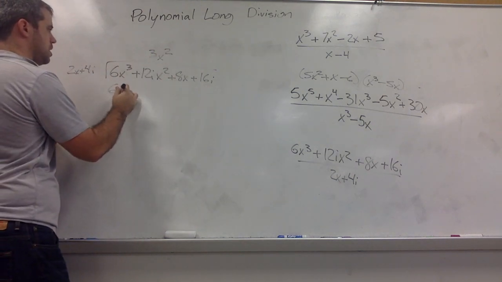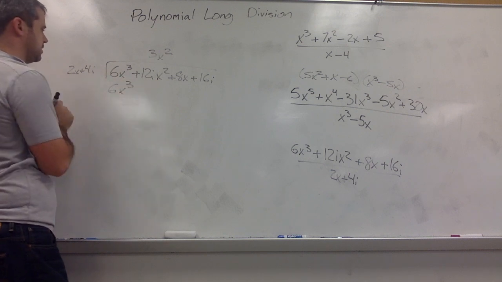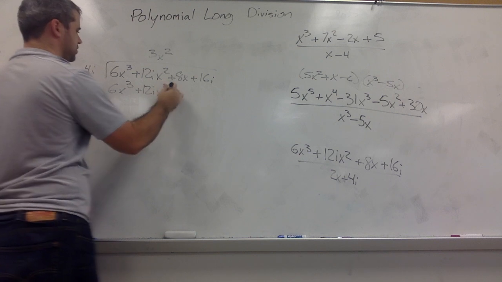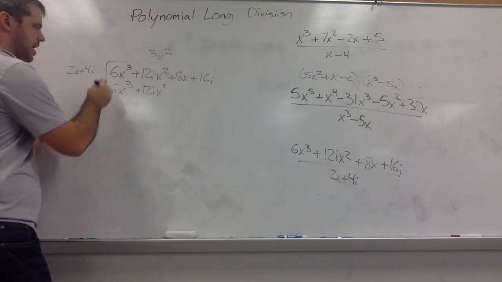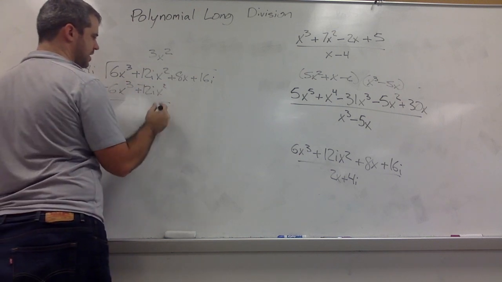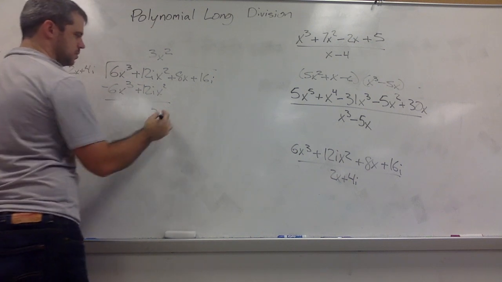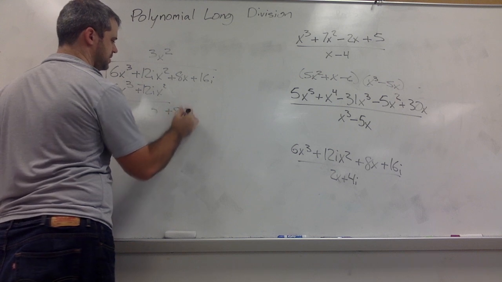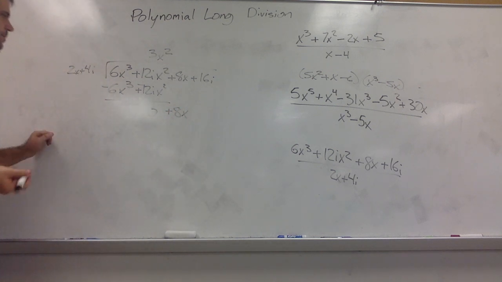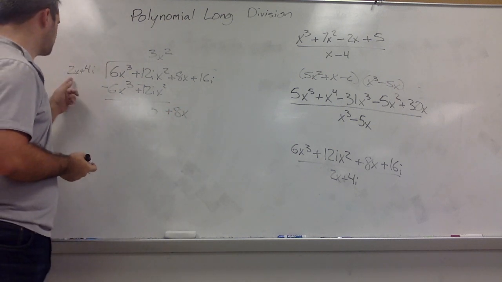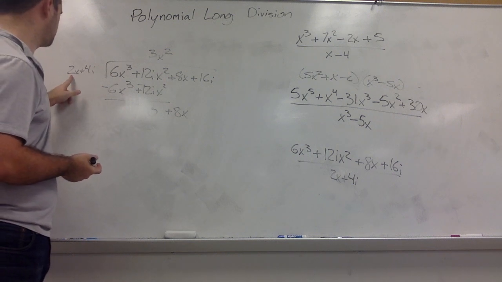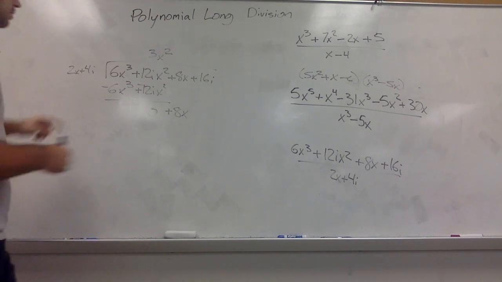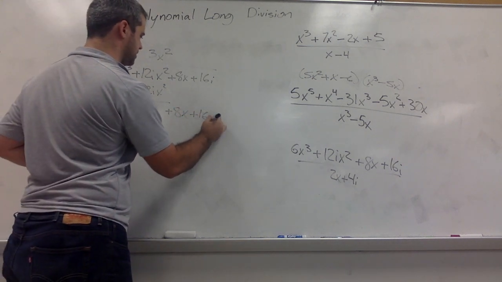So 6x cubed, 12i x squared. Oops. I'm subtracting. I get 0. Hey, that's cool. So plus 8x. Well, might as well bring down this guy as well.